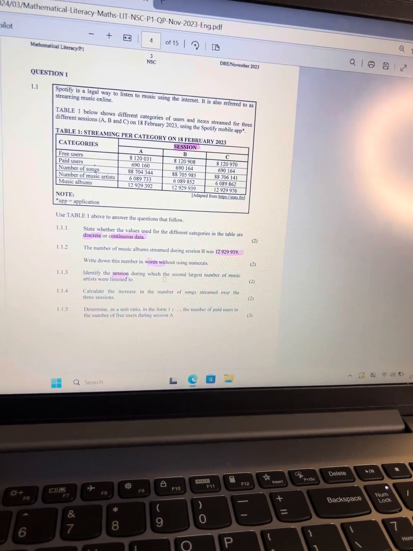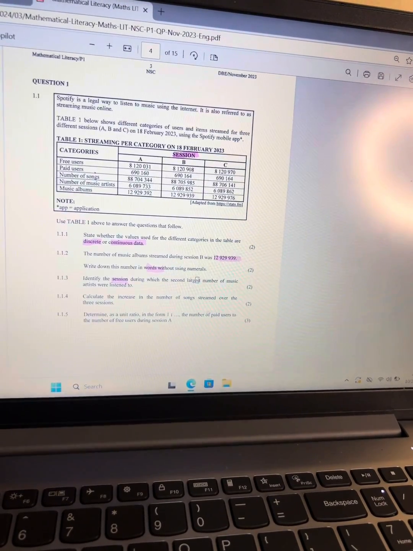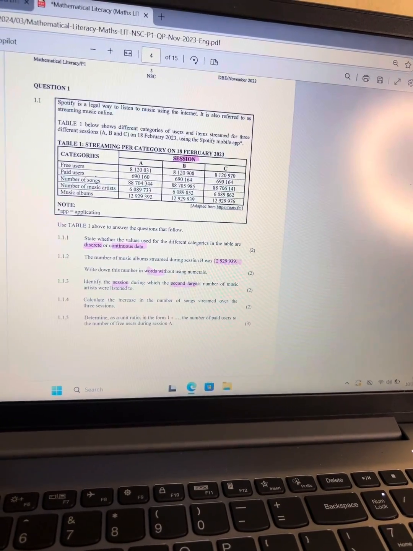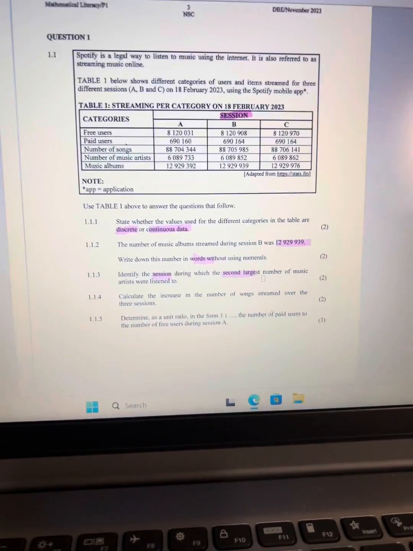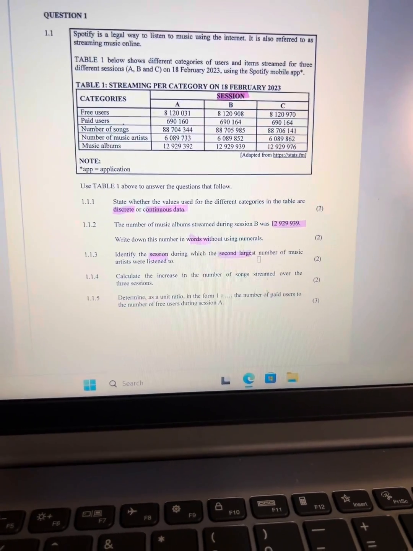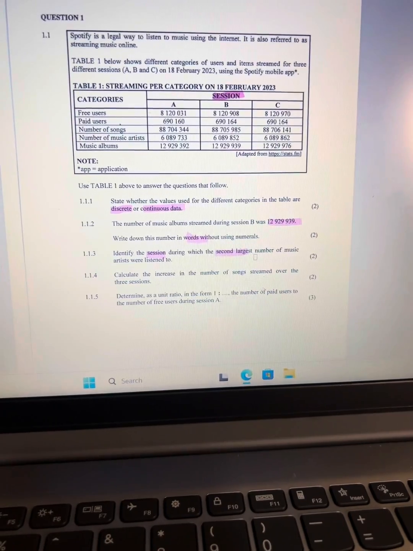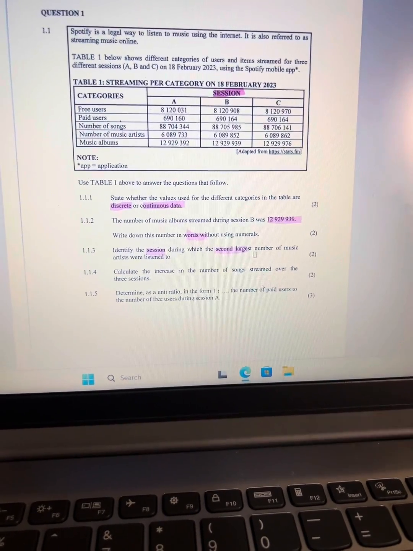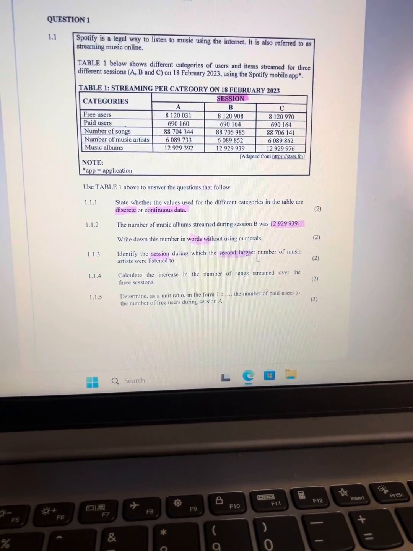Identify the session during which the second largest. These are words that we must pay more attention to, because most of the time the examiner will not ask what is the largest number or the least number. They will ask what is the second least number from the numbers that were given, just like what they did here.